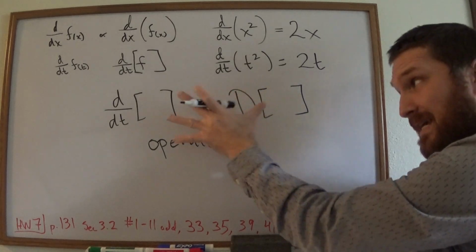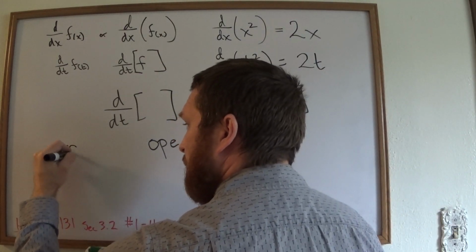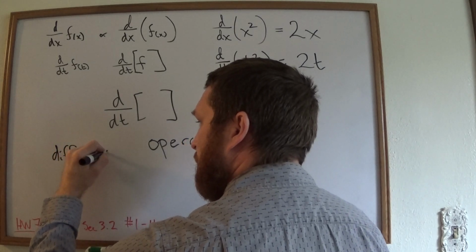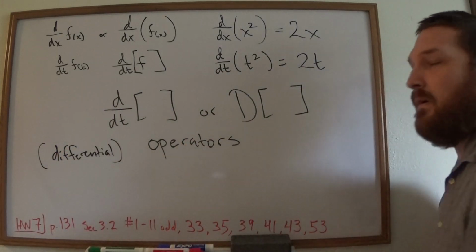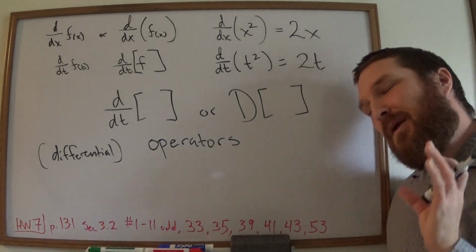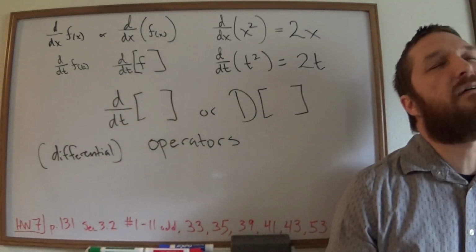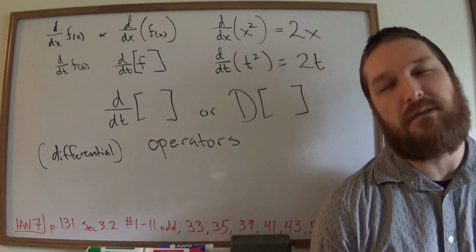And in particular, these are the differential operators. An operator, now I'm going to boil this down. I'm leaving some stuff out because I don't want to have to explain a couple of terms.